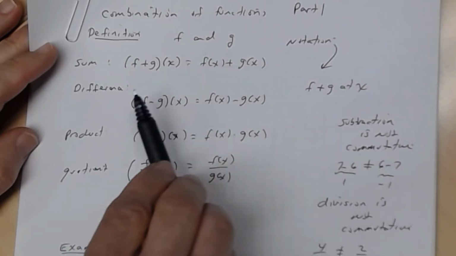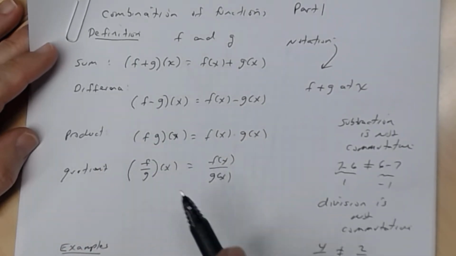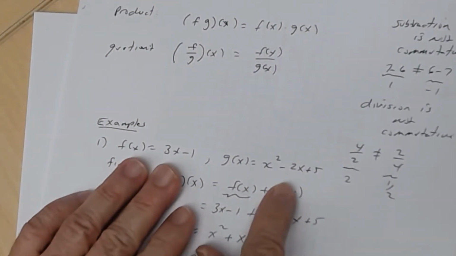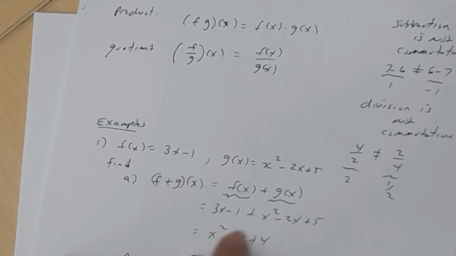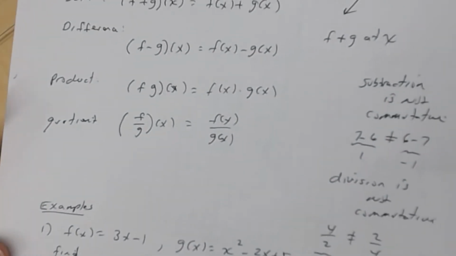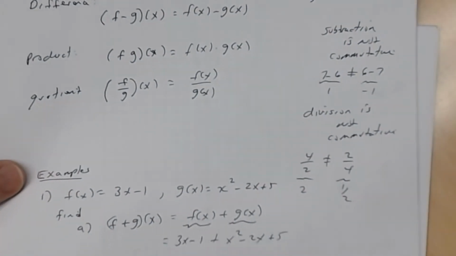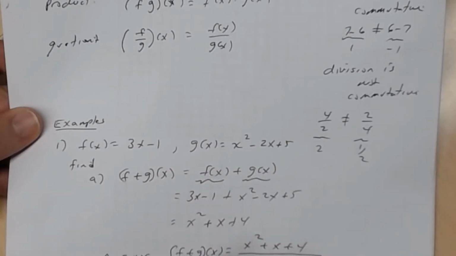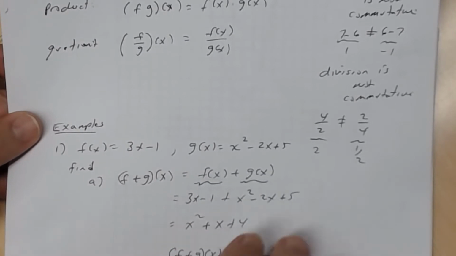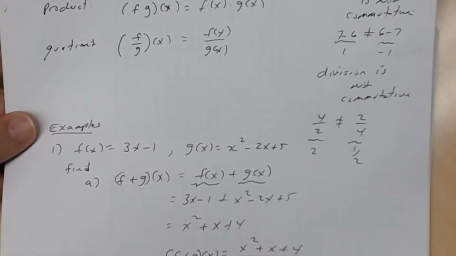We saw the different notations involved, and that given two functions, we can come up with a new function by adding, subtracting, multiplying, or dividing. Now we're going to look at a few more examples, and in particular, we're going to ask: what's the domain of that new function?